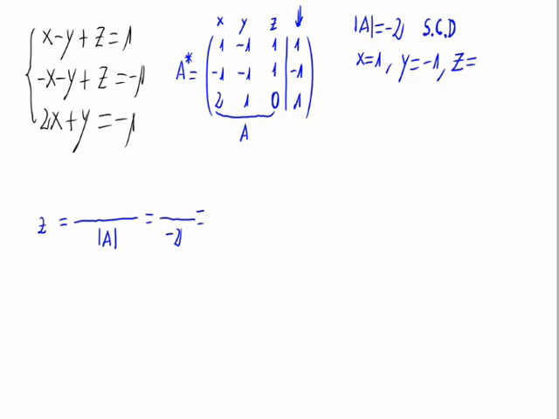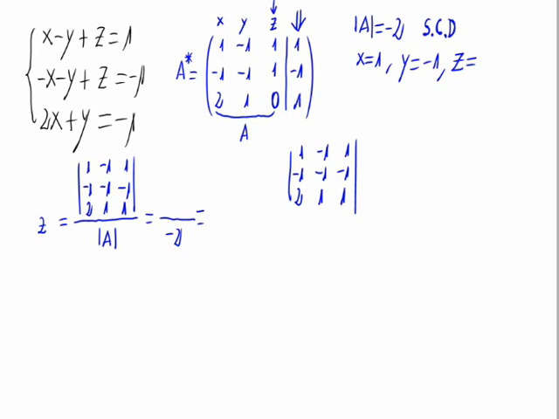The denominator is still the determinant of the matrix A, and again doing the same process as with the x and the y, we have to write the matrix A, but substituting the column of the z, the value we have to find out, by the column of the independent terms. And now let's calculate its determinant. The determinant will be 1, minus 1, 1, minus 1, minus 1, minus 1, and 2, 1, 1.